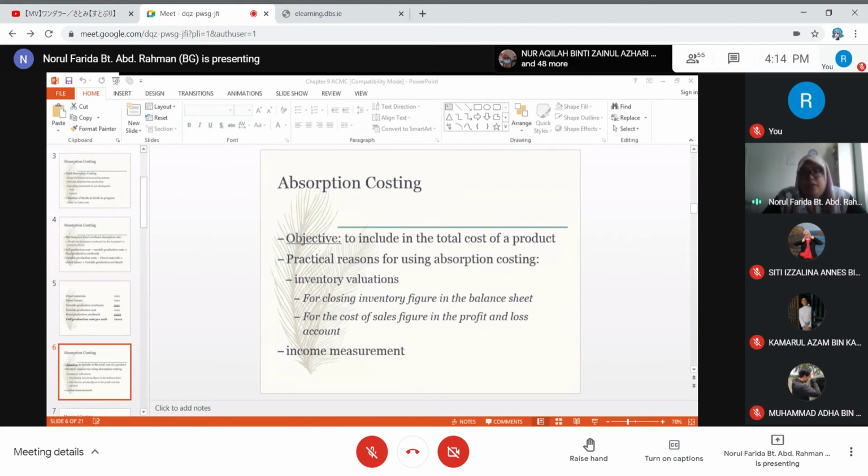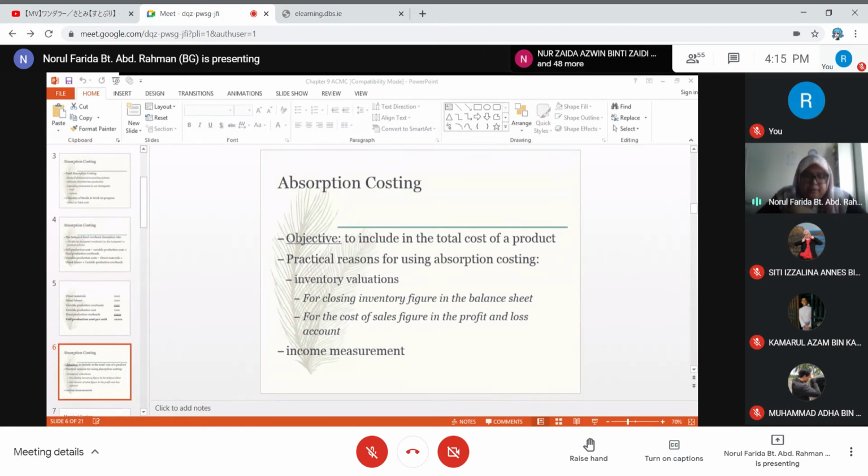Okay, this over and under absorb you have to take into consideration when you are calculating your income statement or your profit statement, where you have to include it before you can arrive at the net income. Okay, nanti you akan tengok sama ada the fixed production overhead dia adalah over absorb atau under absorb. You kena include that one in the statement and then barulah you boleh dapat you punya net income.